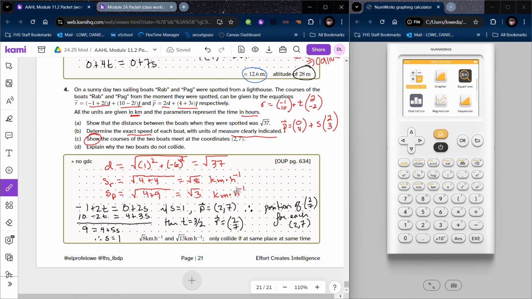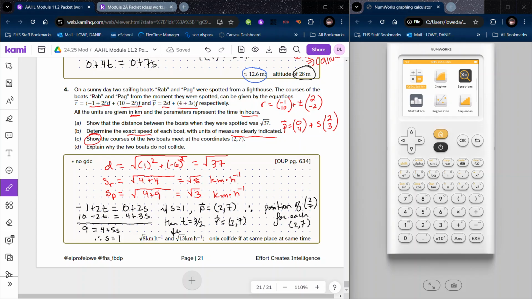We know that we go through the point 2, 7 for each of those. So point 2, 7. And that's showing. We do the work. We didn't just substitute in to see that both of them will equal 2 and 7 to verify. Now explain why the two boats do not collide.